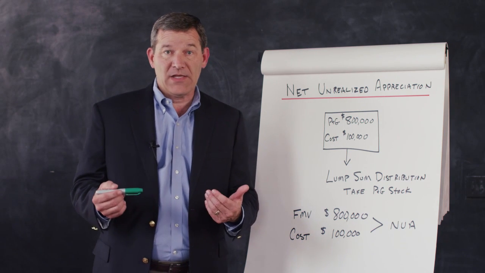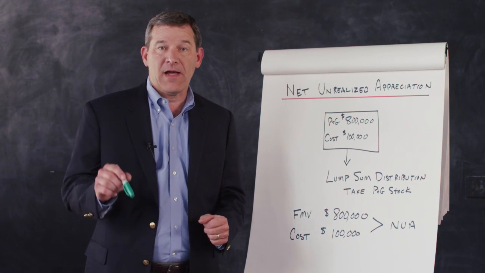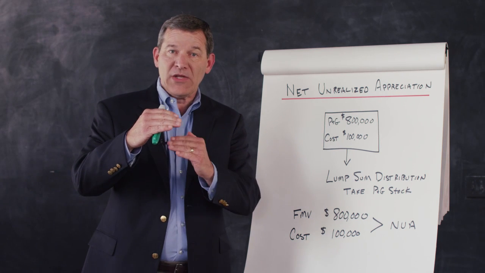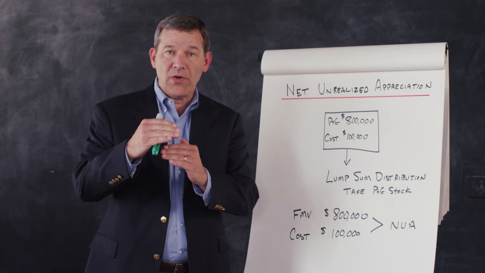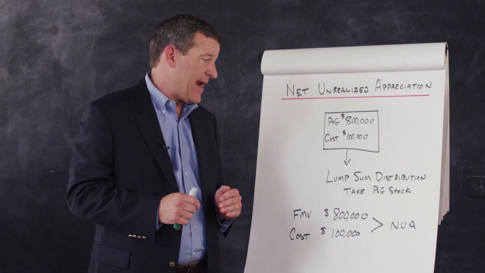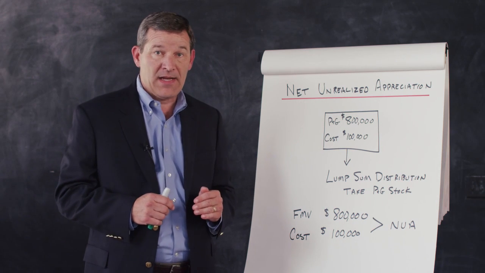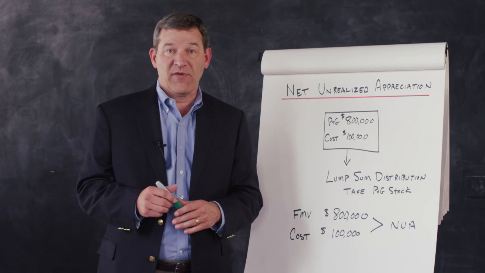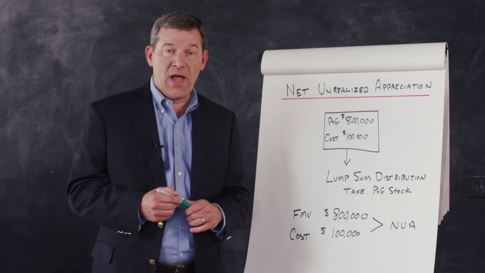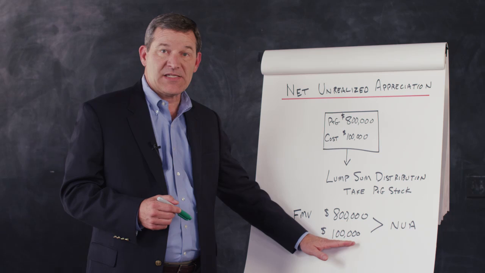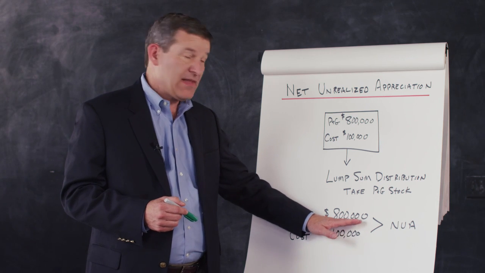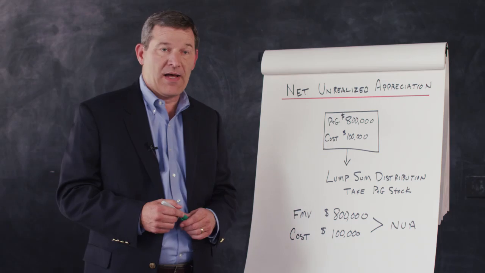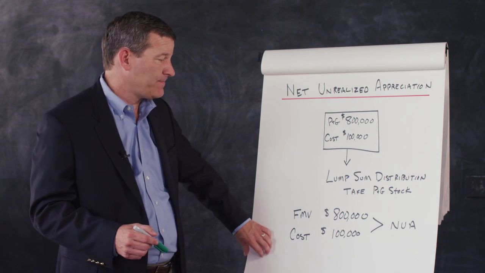With GE stock, for the clients that I have, the fair market value and the cost are so close that there really isn't any advantage in doing the NUA method. For example, here in Cincinnati, there are a number of Procter & Gamble clients where the cost is substantially lower than the fair market value, so there is a big difference in NUA available.